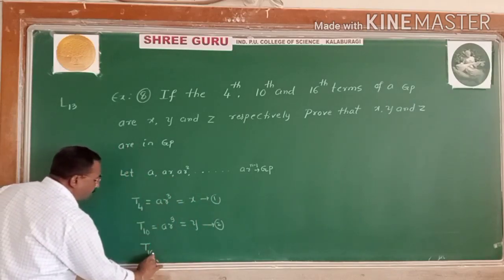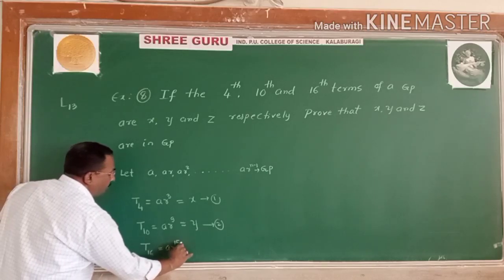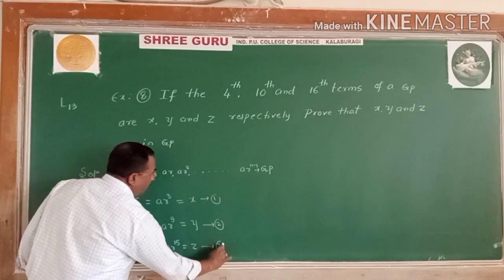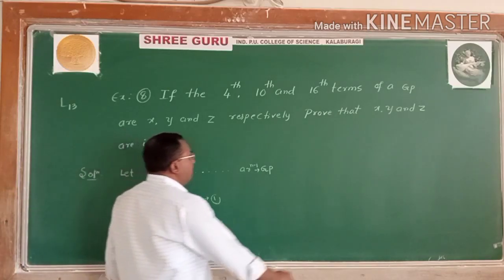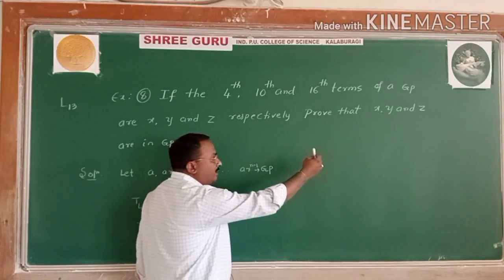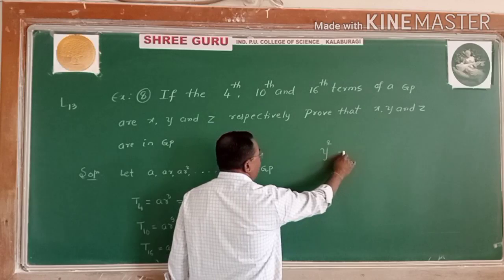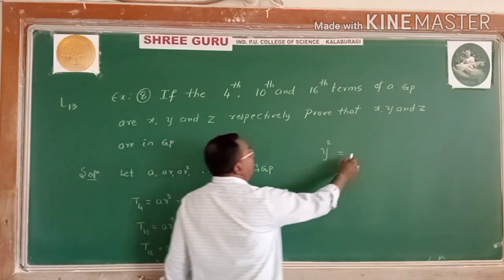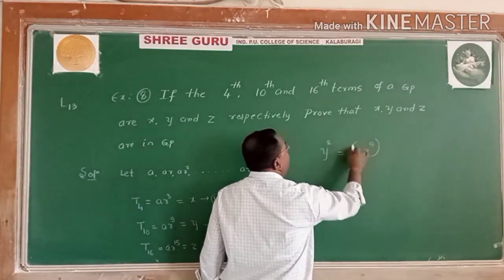16th term, a into r to the power 15 is equal to z, equation number 3. Here that is in the form of GP. Definitely, if you take b square, means y square is equal to equation number 2 squared, y square equals a into r to the power 9 whole square.